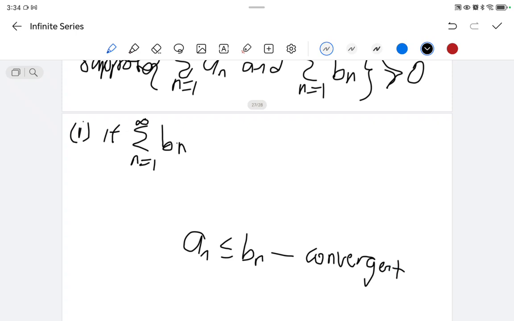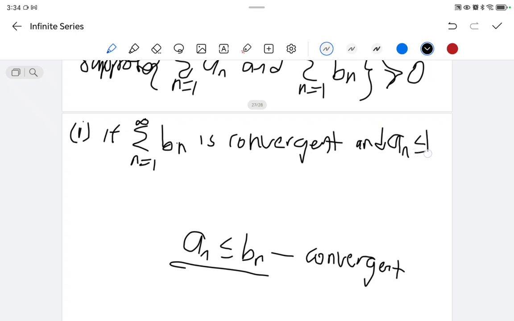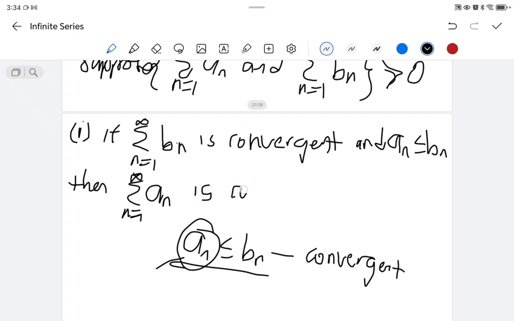If yes, the second question you ask yourself is: is b of n greater than or equal to a of n, that is, a of n less than or equal to b of n? If yes, then a of n will be convergent. The summation from 1 to infinity of a of n is also convergent.